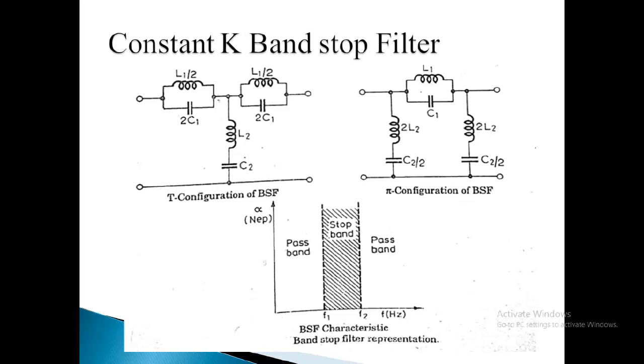The first figure shows the T configuration and second figure shows the pi configuration of band stop filter. The third figure shows the band stop filter characteristics, or gain versus frequency characteristics. From this figure it is very clear that it passes the signal below and above the frequency range f1 and f2, and within this frequency range f1 to f2 it attenuates the signal.